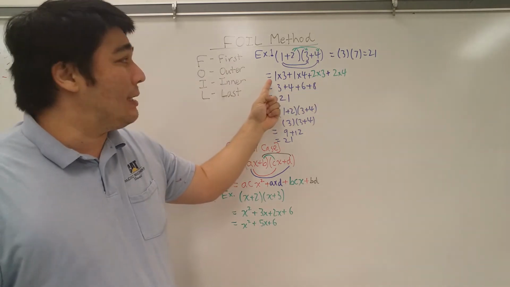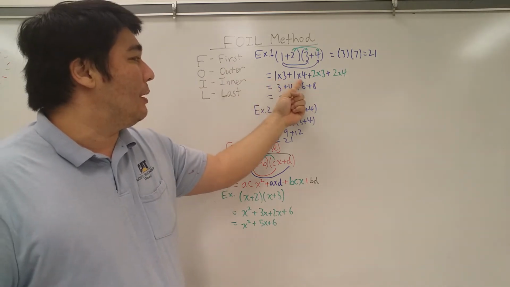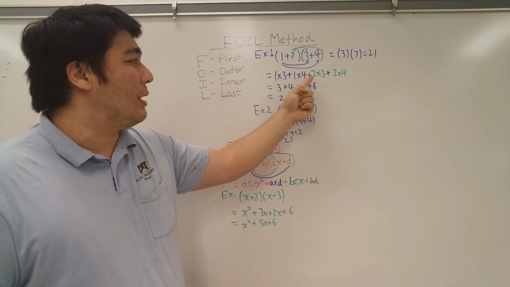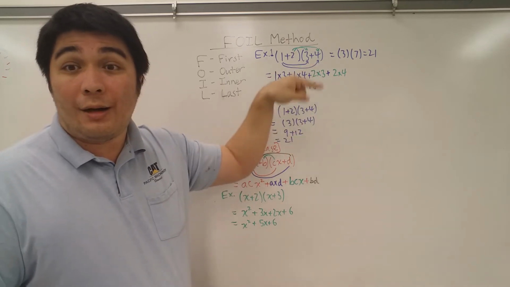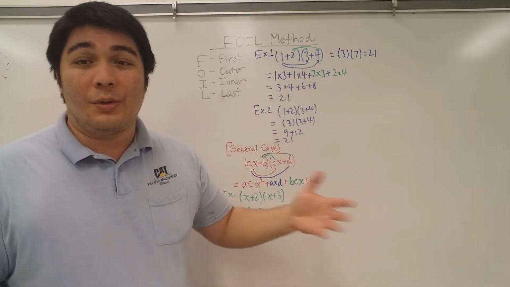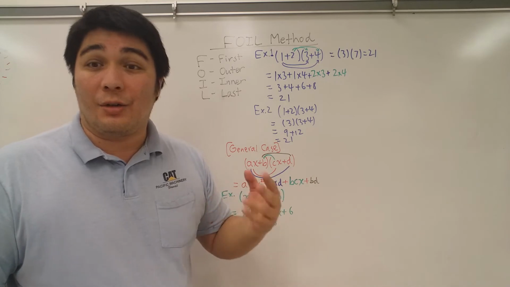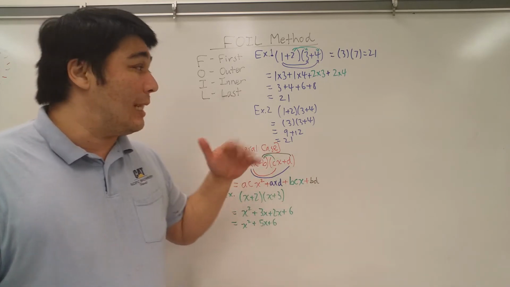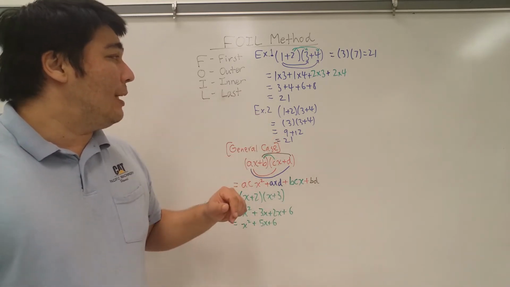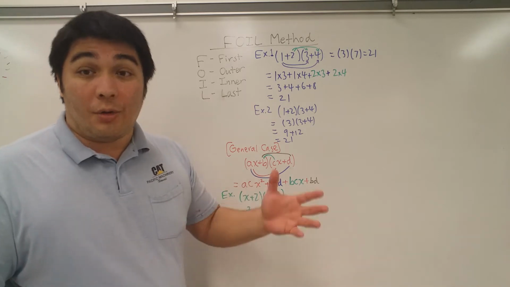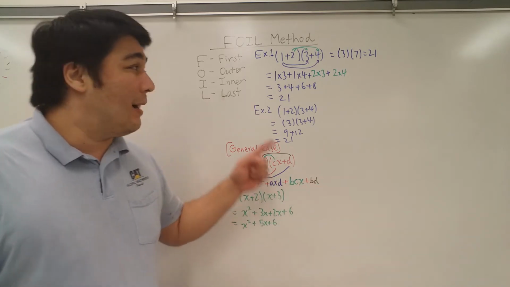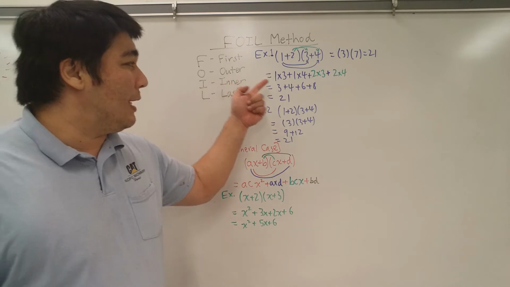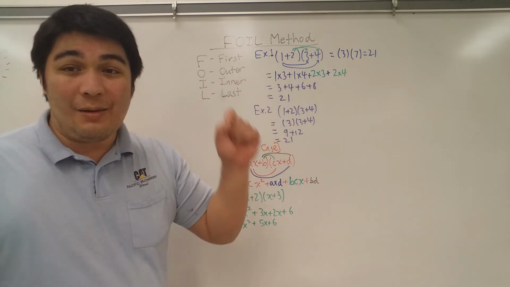As you can see, I did it with blue marker first, and then green marker to show where in the FOIL method those multiplications are taking place. From there, we follow the order of operations, PEMDAS. We do multiplication left to right first, and then we hit addition.